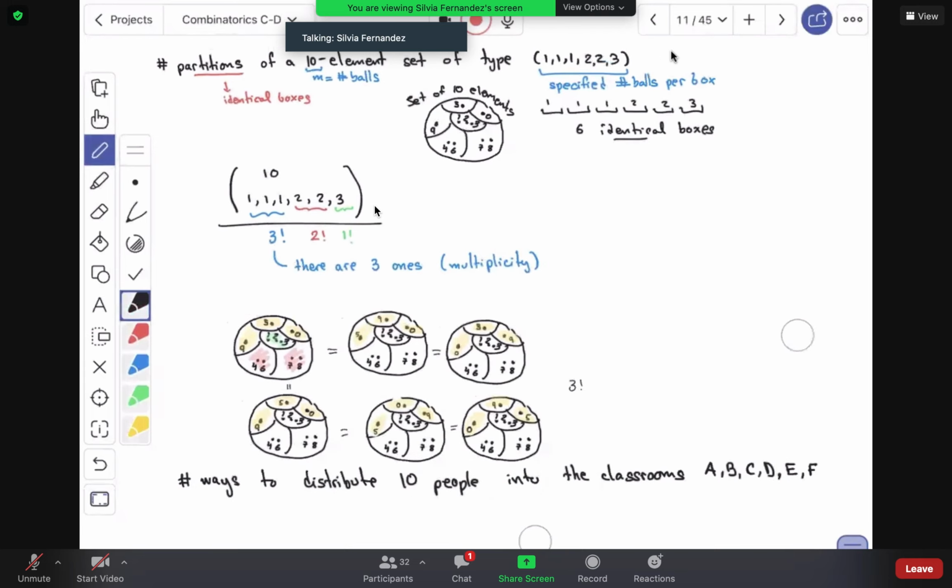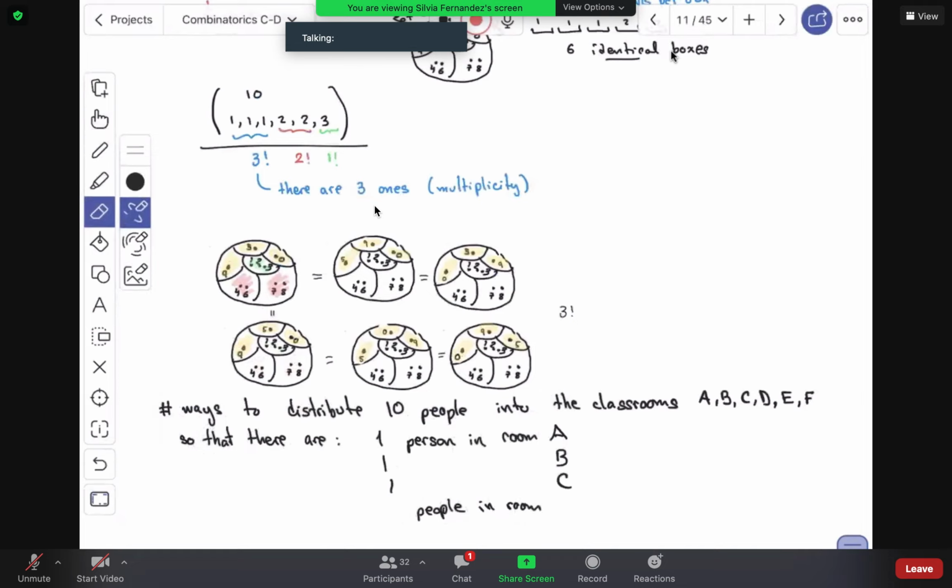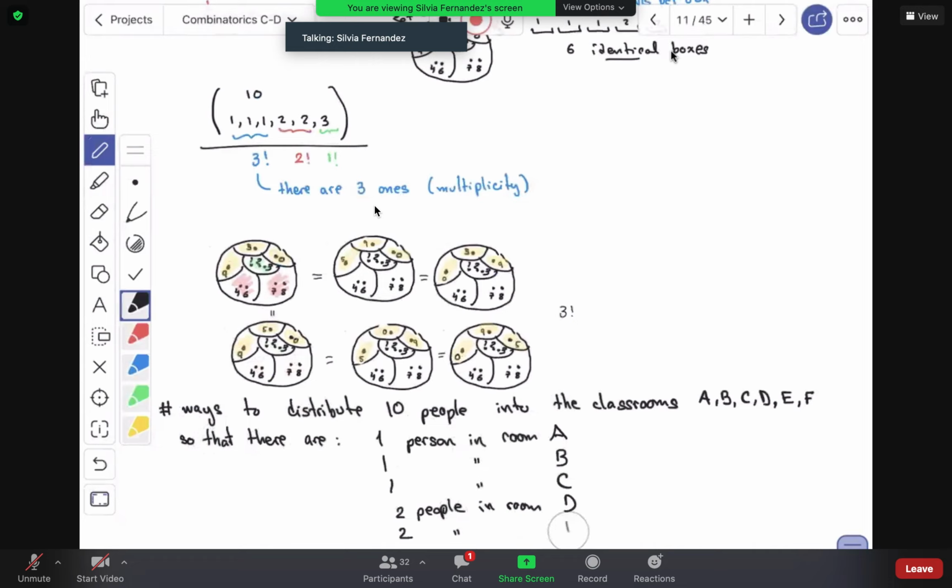So into 6 classrooms, so that there is one person in room A, one person in room B, one person in room C, 3 people in room... actually, I should do 2. I'm just going to go with 2. 2 people in room D, 2 people in room E, and 3 people in room F.